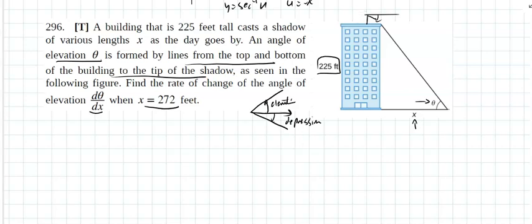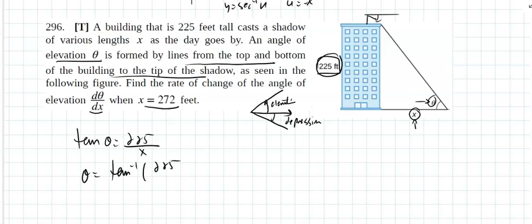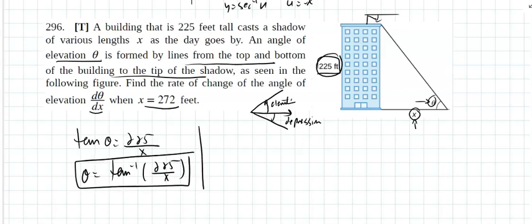Well, let's see. I need a trig function that combines an angle, the opposite, and the adjacent. Tangent of theta is the opposite over the adjacent. And wouldn't you say theta will equal the inverse tangent of 225 divided by x? Now what?